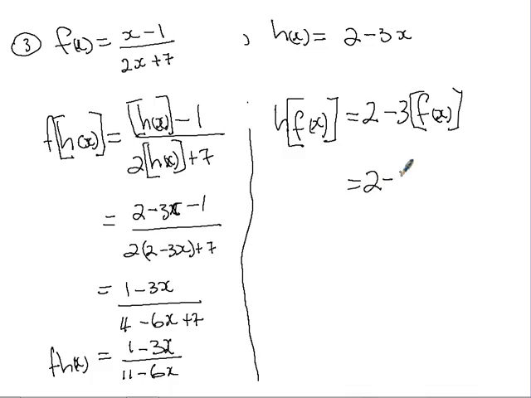So we have 2 minus 3 times x minus 1 over 2x plus 7. Alright. So this will be equal to 2 minus 3x minus 3 over 2x plus 7.